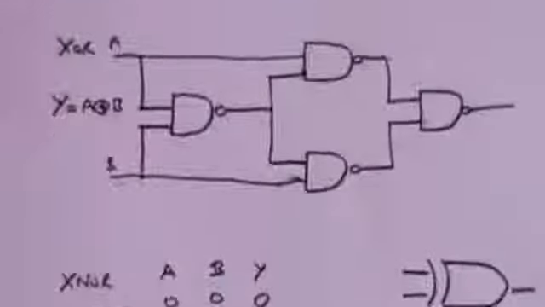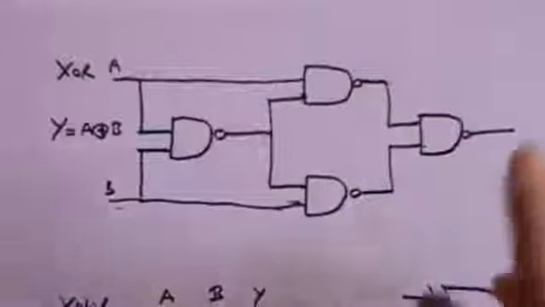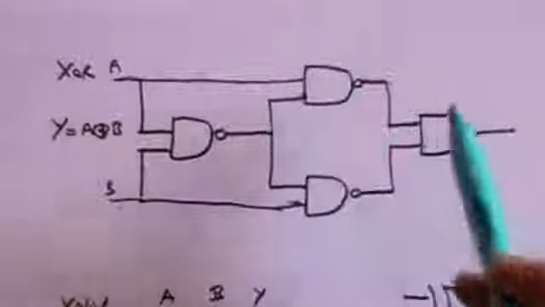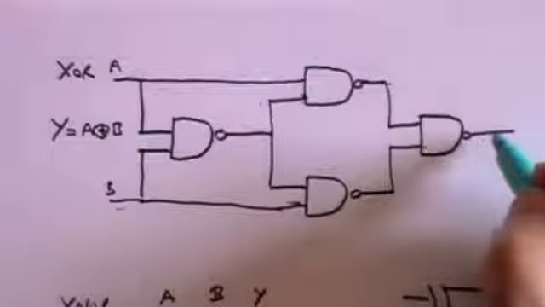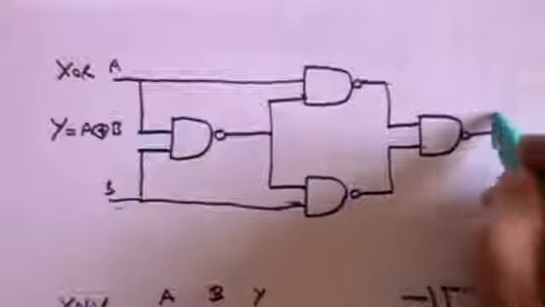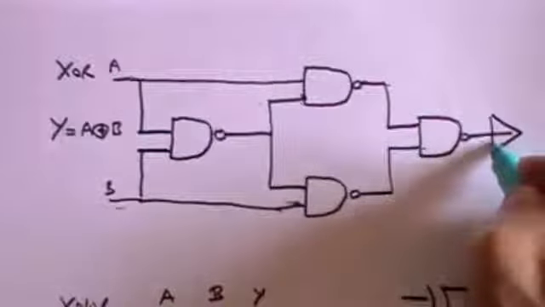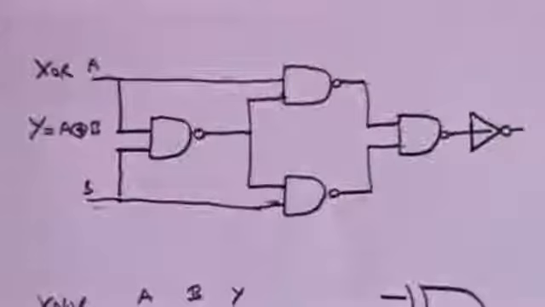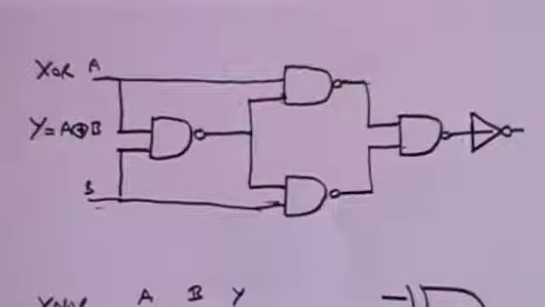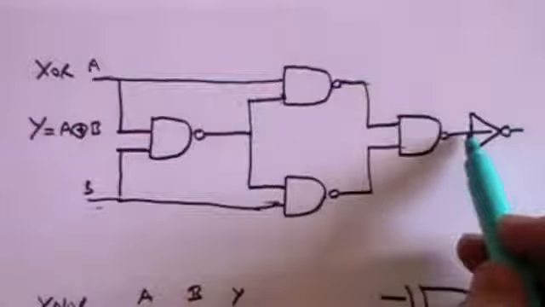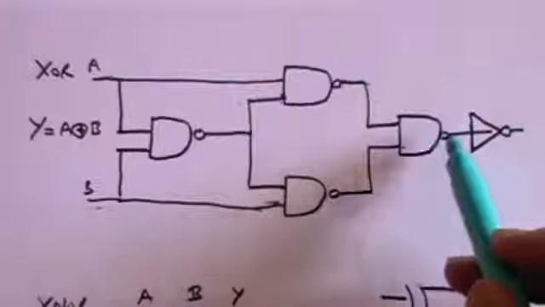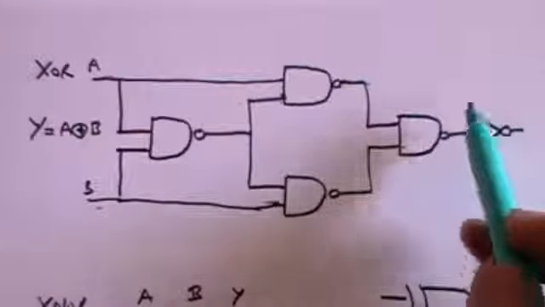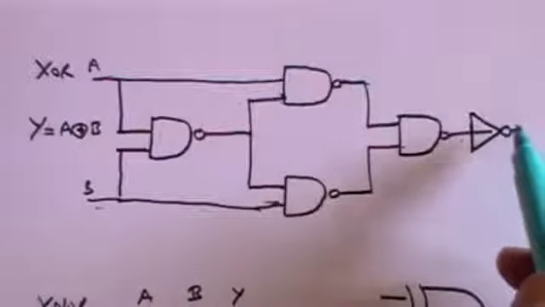And how do we create that? Well, I don't actually have to draw another diagram, you'll be pleased to know. All that you do is you take the output here and you put it through a NOT gate. And if you put it through a NOT gate, all that will happen is that the output from the XOR gate will be, as it were, inverted.